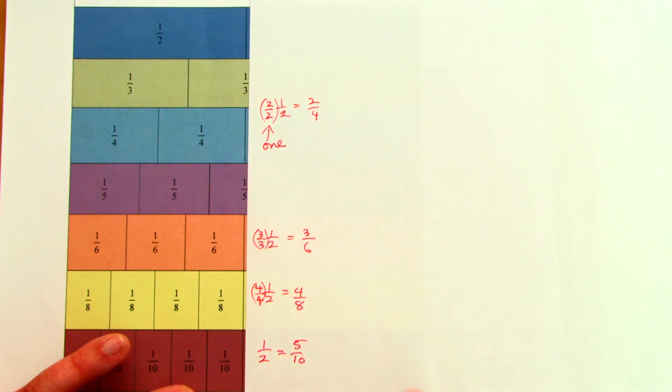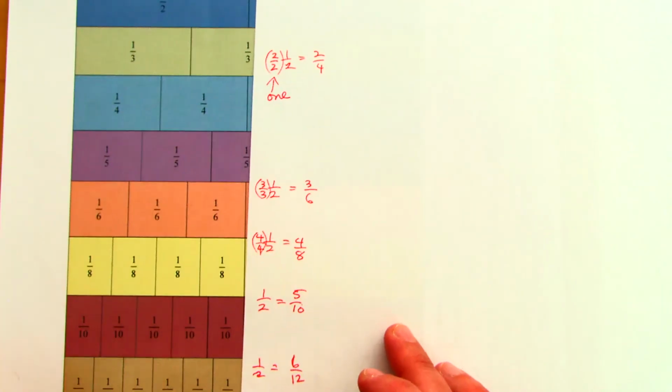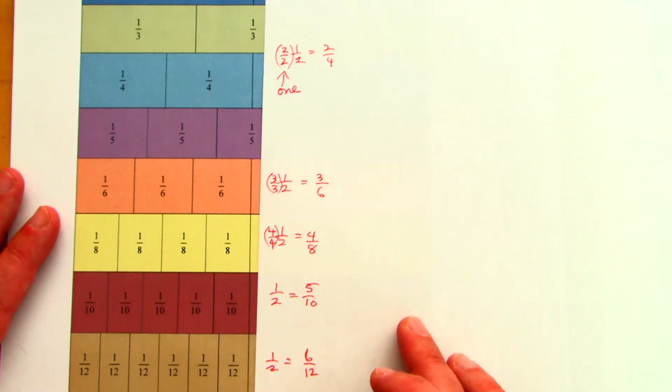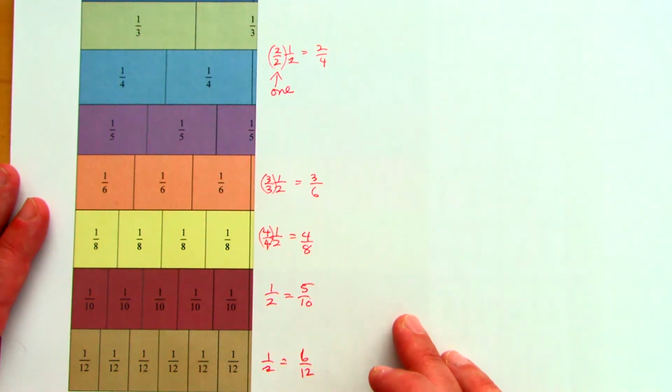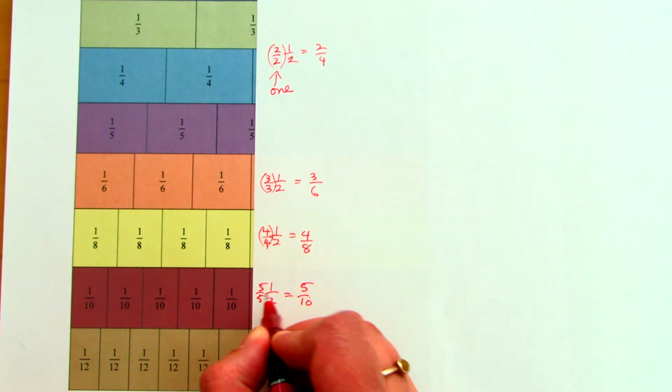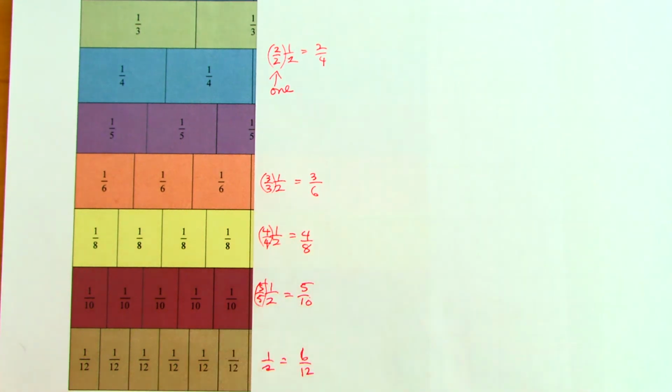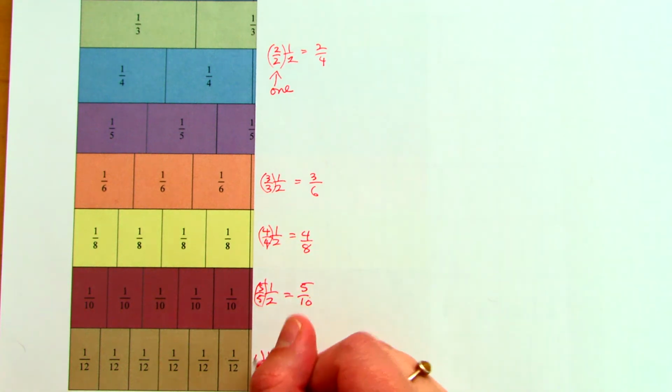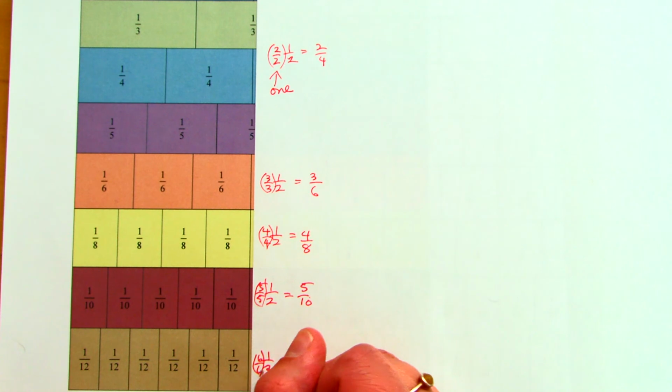So if I multiply the numerator and denominator always by the same thing, I'm multiplying it by 1. A lot of people will say, multiply it by 5. No, I'm not multiplying it by 5. I'm multiplying it by 5/5 to give me 1, because 5/5 is the same thing as 1. Here, I'm multiplying by 6/6.